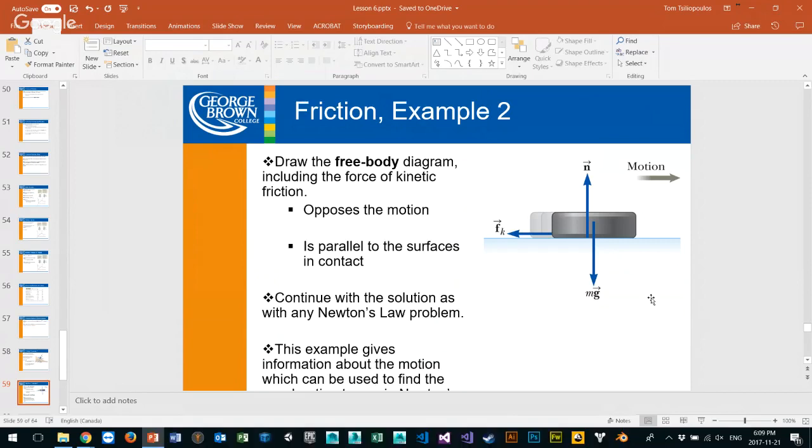If the motion is to the right and the friction is to the left, then for parallel forces you just subtract one from the other to get the total acceleration. That's what I'm going to try and figure out. It's not that difficult.